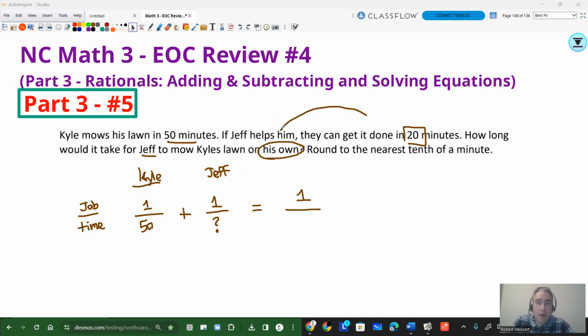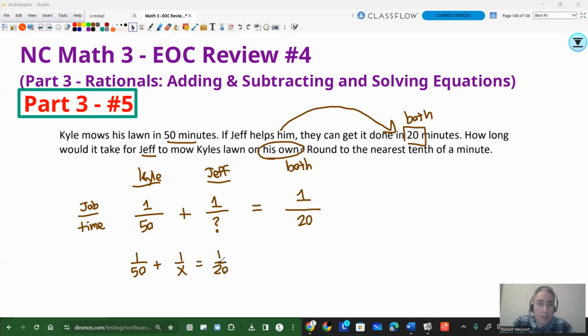That's the both, the combined. Sometimes it's multiple people, sometimes it's 3 or more. But regardless, you put your overall time here, and we're going to solve that equation. I'm going to call that x. So the equation is 1 over 50 plus 1 over x equals 1 over 20.